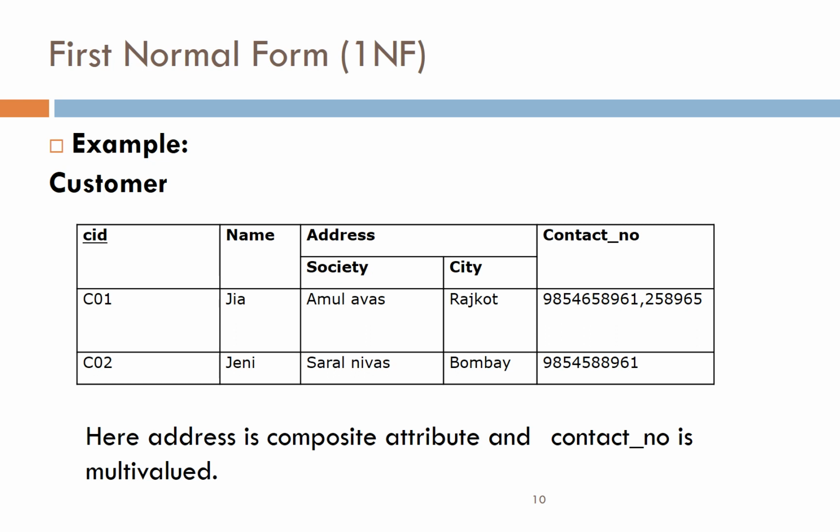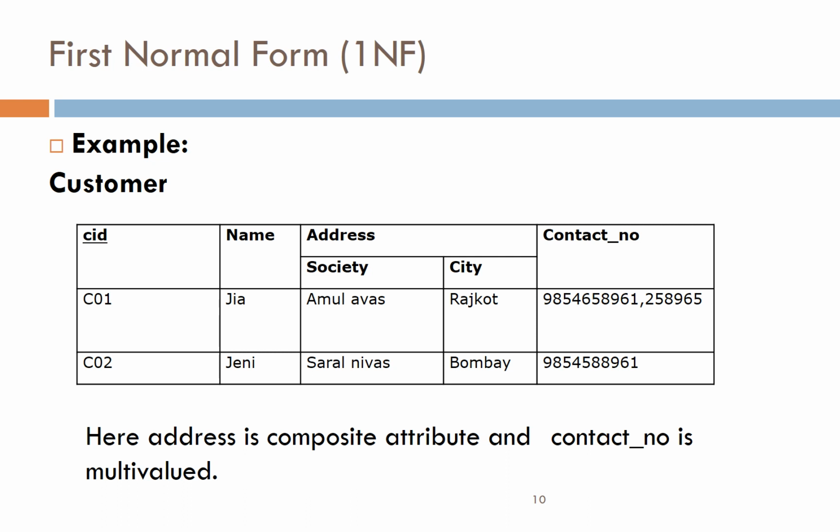Here our relation is Customer and it has attributes like customer ID, name, address, where address is divided into society and city, and contact number. Customer ID C01 and C02, two records are there, and you have to focus on the attribute address, which is a composite attribute.